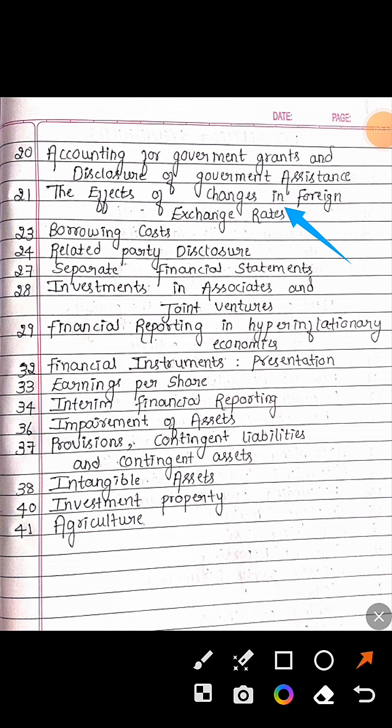The treatment of such exchange difference is dealt with in Ind AS 21. So the title goes like this: Ind AS 21, the effects of changes in foreign exchange rates. Take a 2 seconds break and revise it.